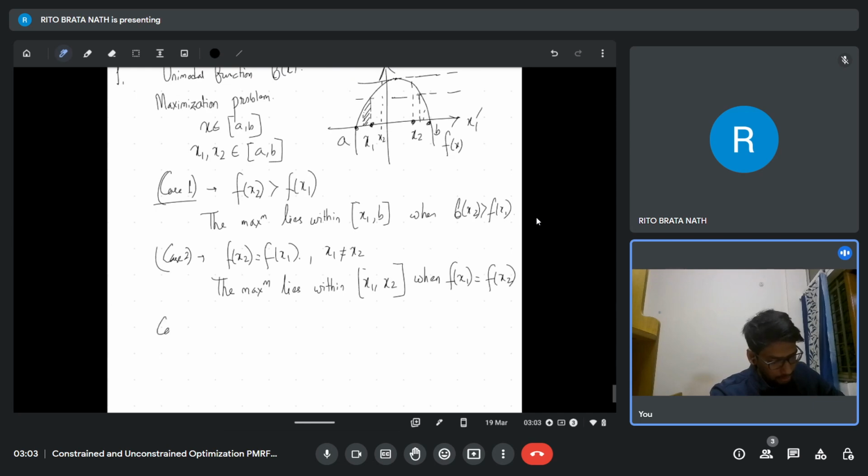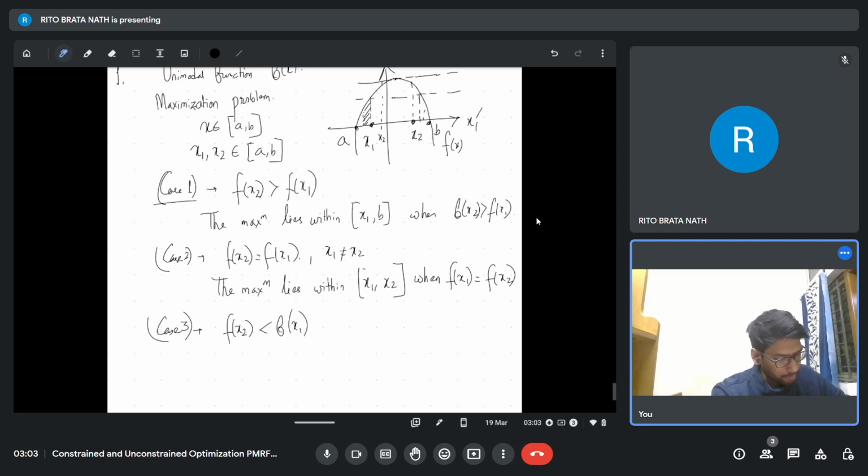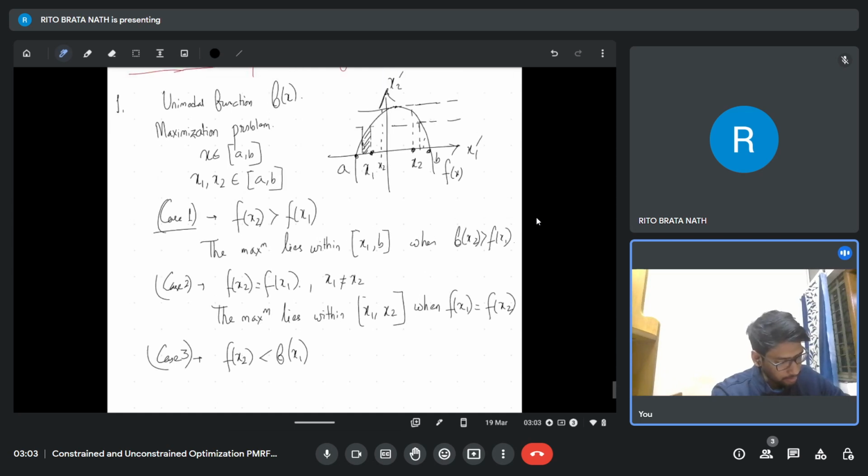Case 3 could be something else, which is f(x2) is less than f(x1). It might happen that x2 is on this side, or it might happen it's in this region.